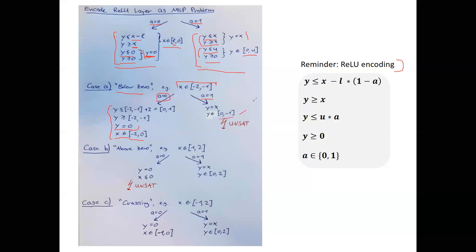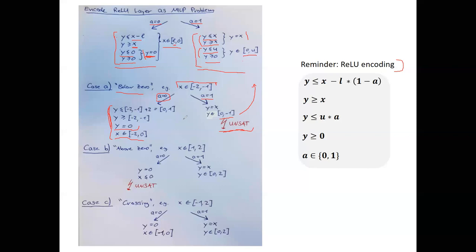If y has to be greater than or equal to 0 and less than or equal to -1, then this is clearly unsatisfiable. There's no way to find values for y where this holds, so the solver doesn't have to proceed further to explore this. But you would need to consider the case where a is equal to 0.